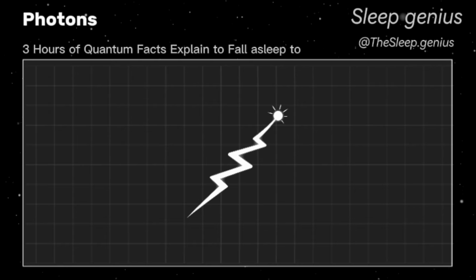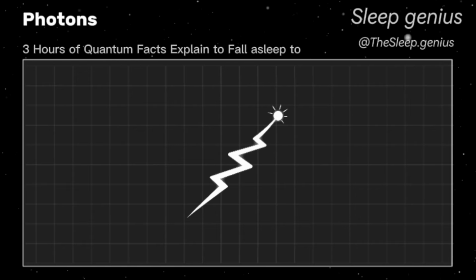The photoelectric effect demonstrated that light can knock electrons free from metal surfaces, a phenomenon that could only be explained if light were composed of quantized particles carrying specific energy. Double-slit experiments further revealed their paradoxical character, producing interference patterns even when photons travel individually, as if each particle carries with it a memory of all possible paths it might take.